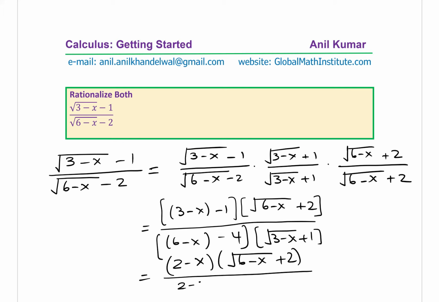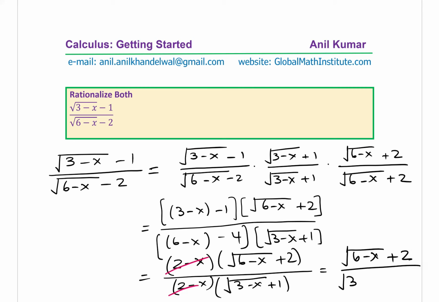So again, we get 2 minus x, and here we have within brackets square root of 3 minus x plus 1. We can now cancel the terms 2 minus x and write down the simplified form, right? So you see the advantage in this case.